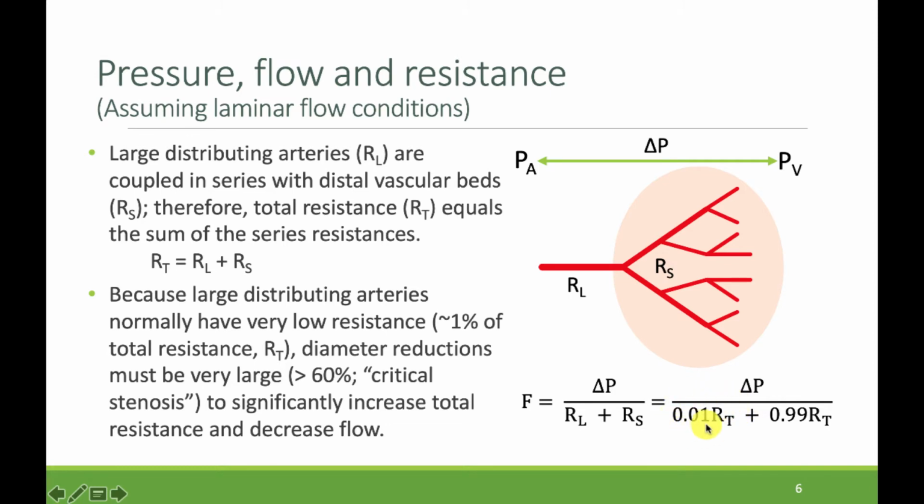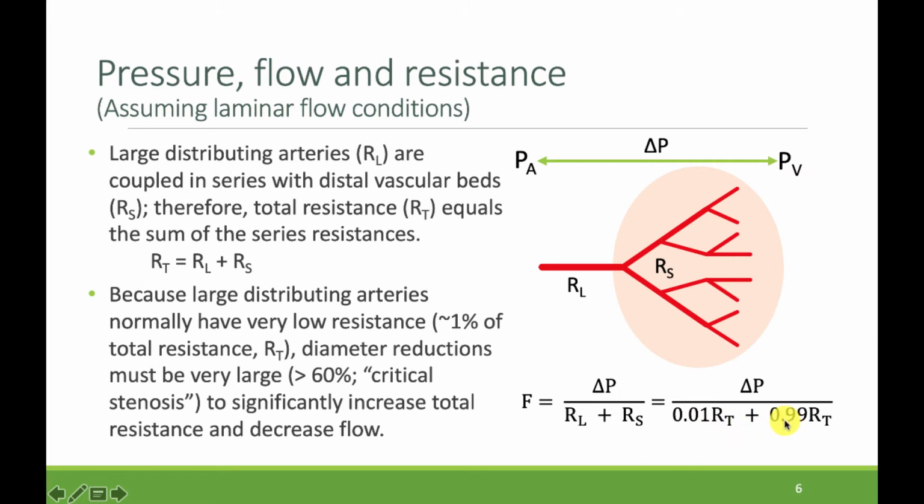And if, for example, we were to increase the resistance of this vessel along its entire length, reducing its diameter to 1/2 normal, that would cause a 16-fold increase in the resistance. Well, that 16-fold increase in resistance would change this number from 0.01 to 0.16.